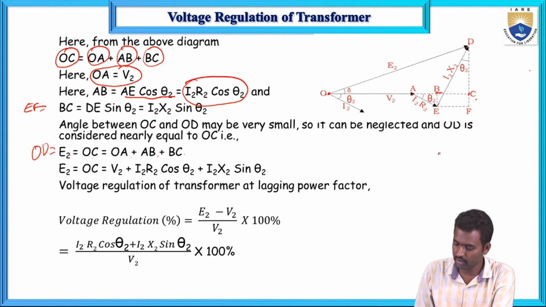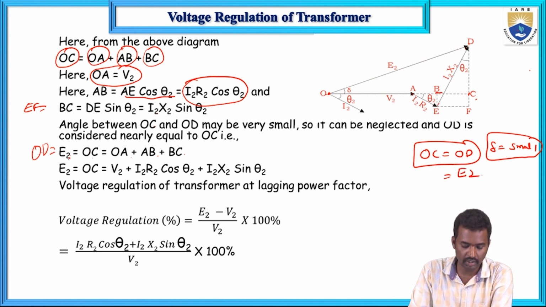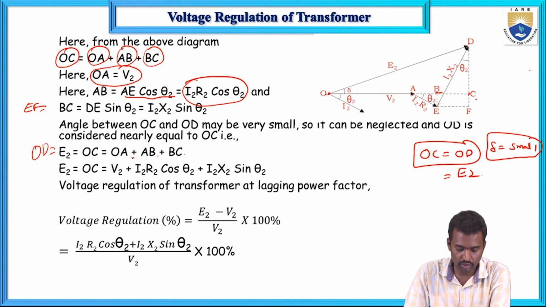OC equals OD if the delta value is very small, and we can write this as E2.